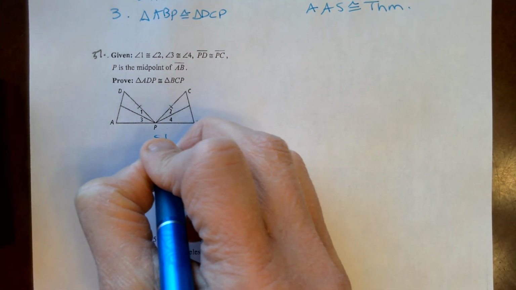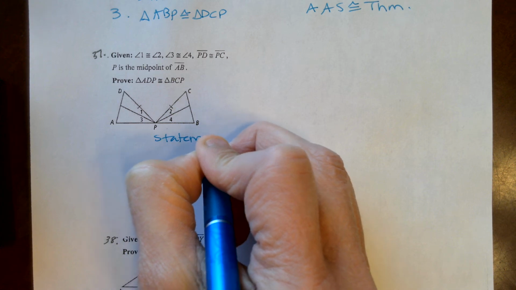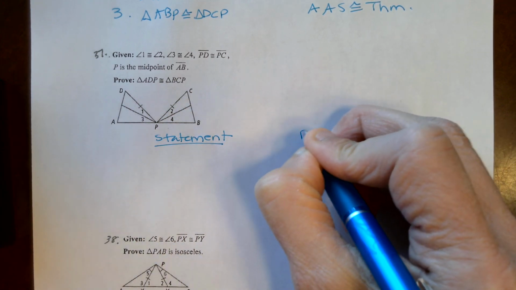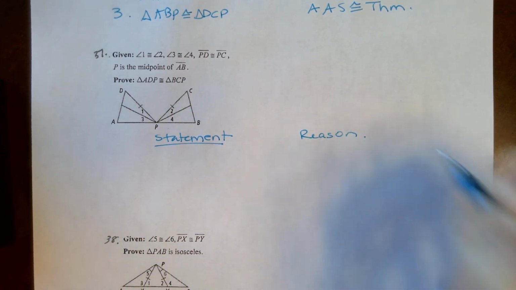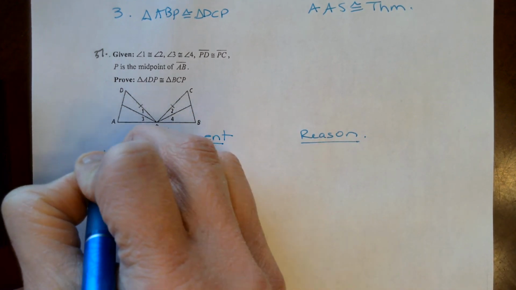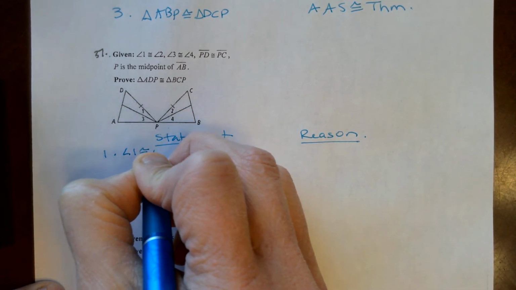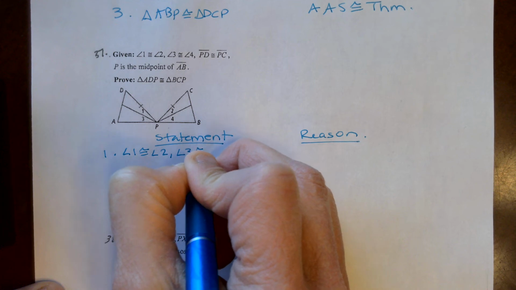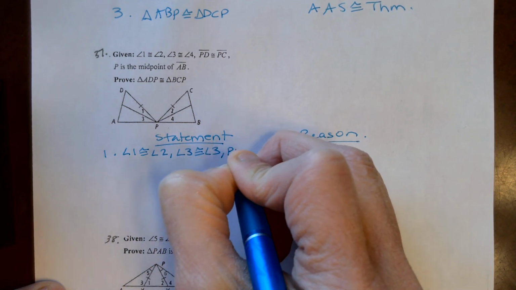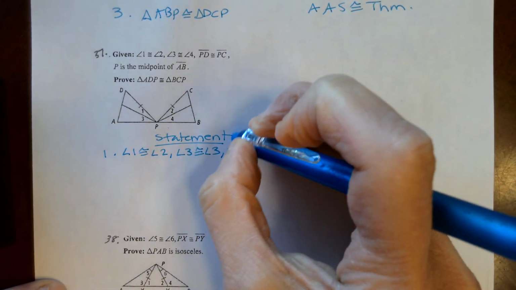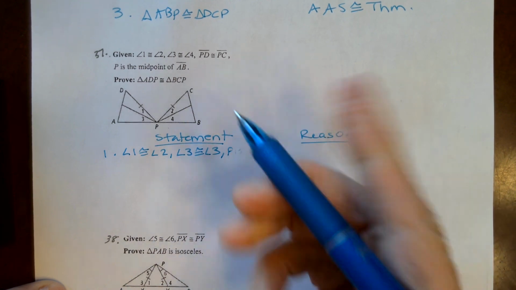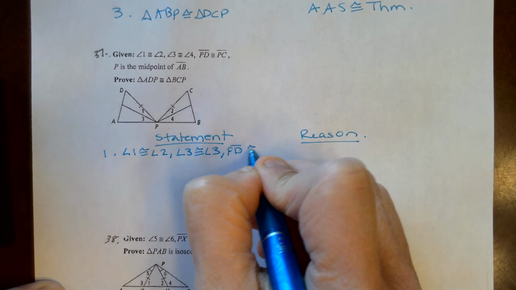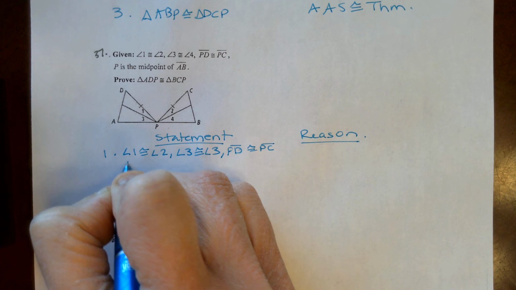Let's see here. We got a statement and reason. Okay, oh, another long given. Don't you love it? So PD is congruent to PC.